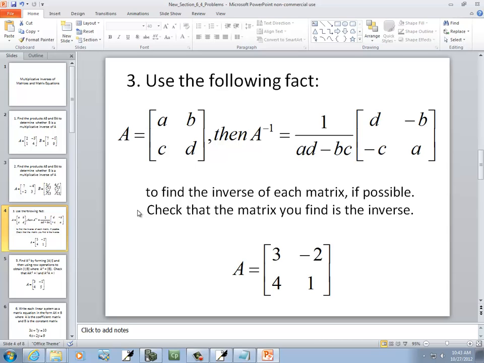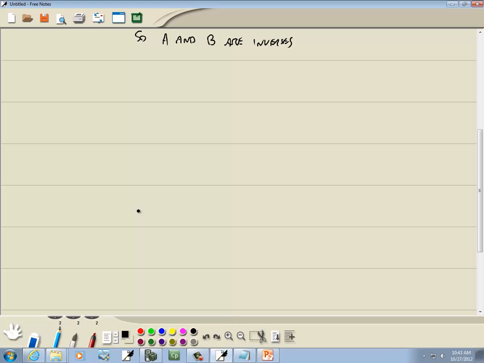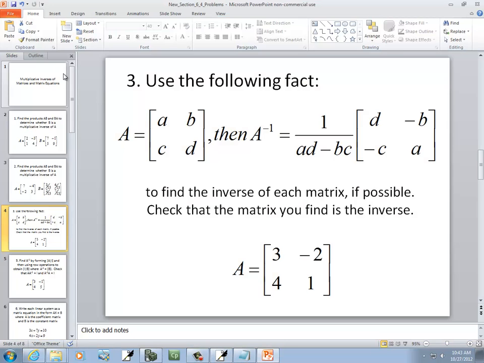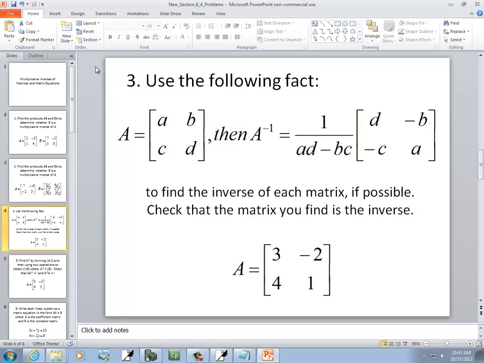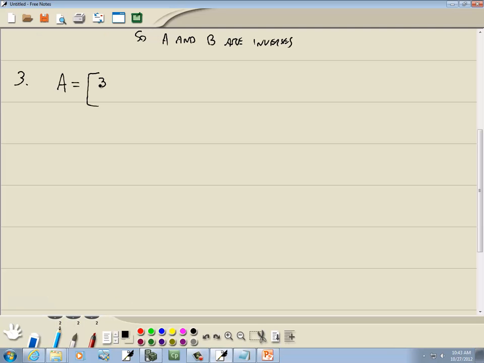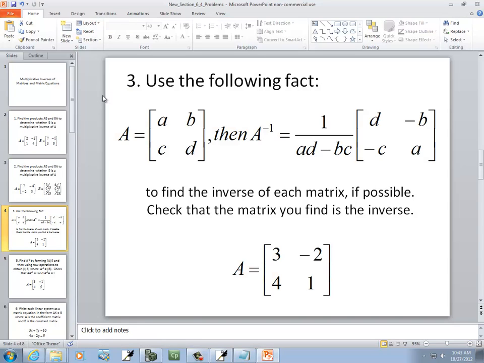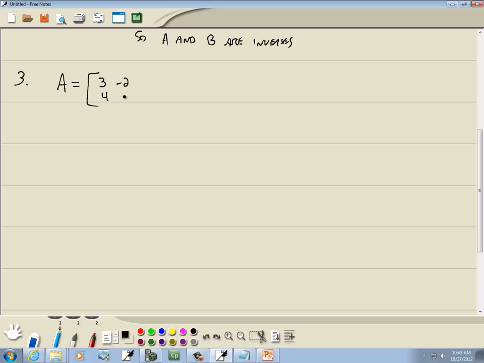Now this one gets into how to find the inverse. And there's a shortcut for a 2 by 2. Okay, so we got A is equal to 3, -2, 4, 1.